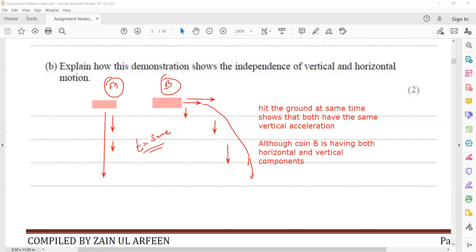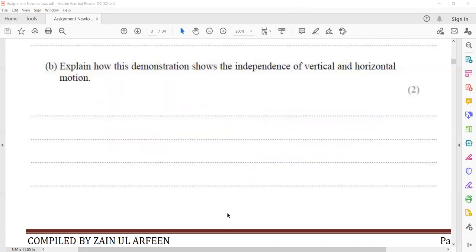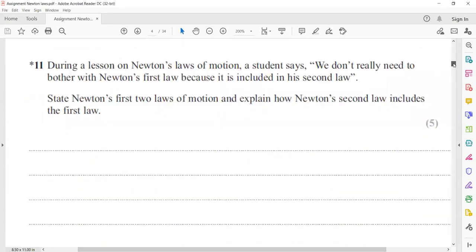Is it clear, this part? So this part is actually related to projectile motion, in which we discussed that the horizontal and vertical components do not depend on each other.